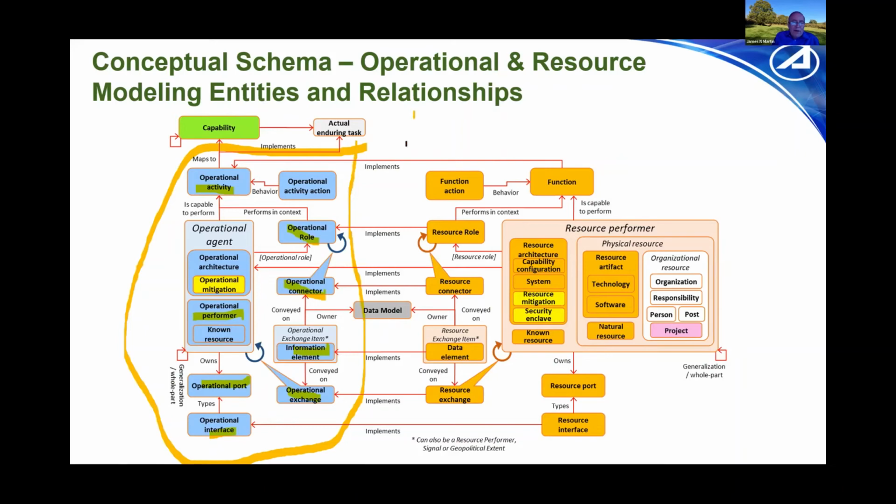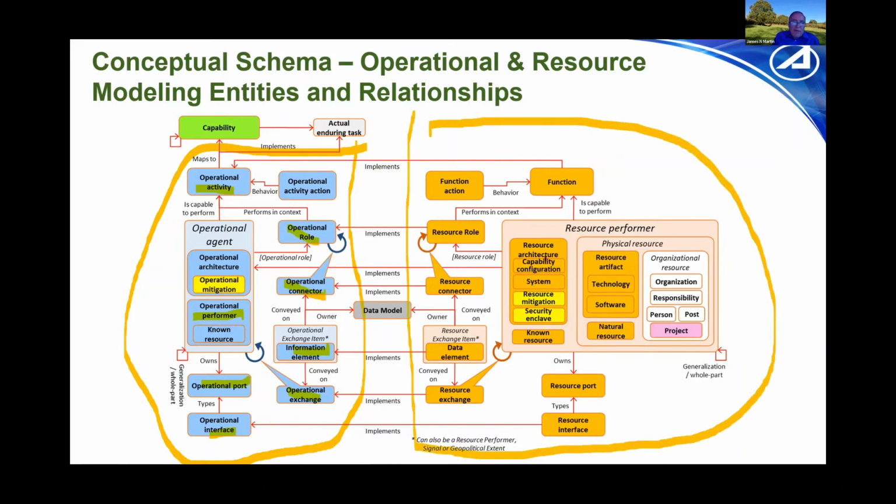But we also include this stuff over here because these are the resources that will implement these operational elements. So notice the basic pattern here is everything on the right can implement things on the left.